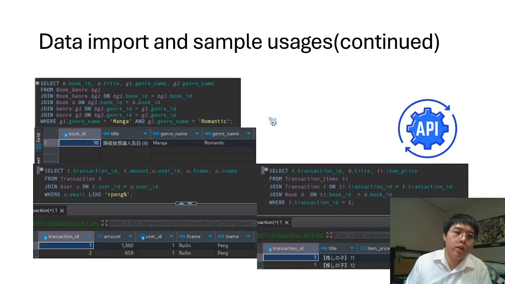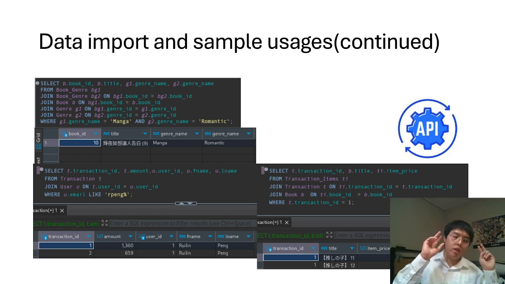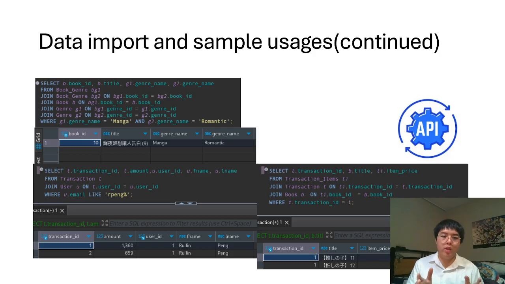Some more complicated ones include many-to-many relationships or ternary relationships. For example, here I gave an example of filtering by genre. When you want to filter for more than one genre, say you want to see the books that are both manga and romantic, this really involves joining the junction table between them more than one time in order to get the information.